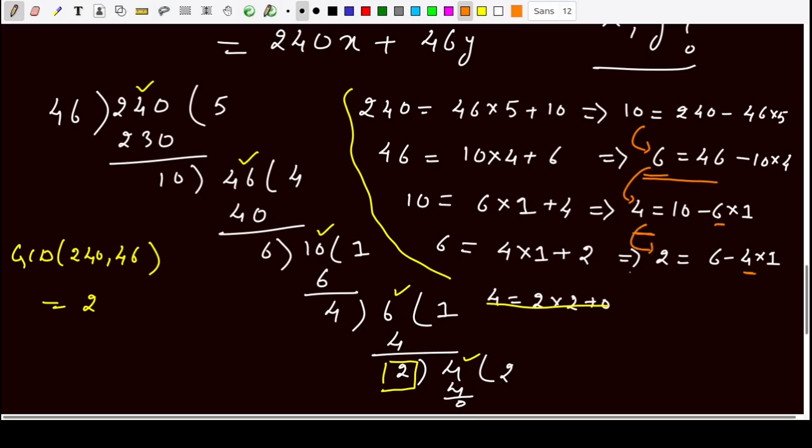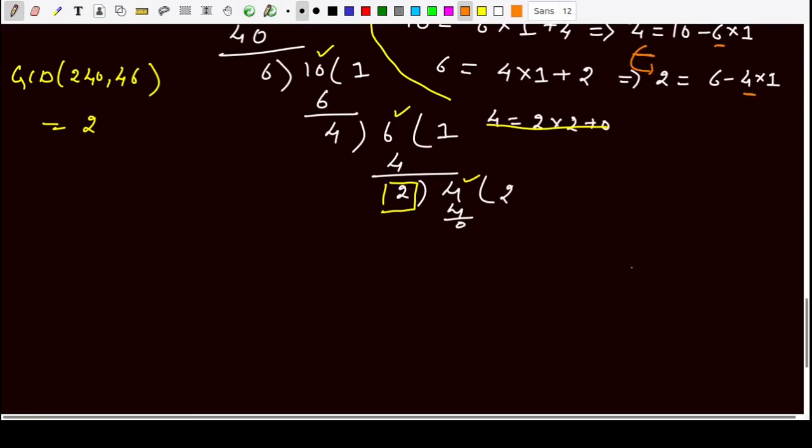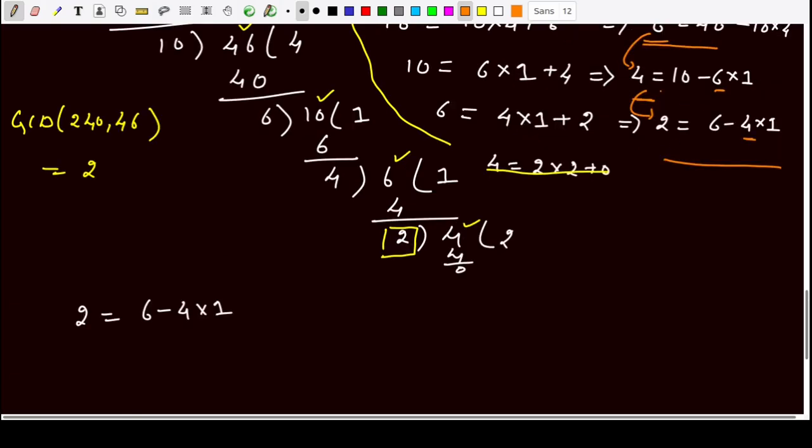So let me start with my equation, which is 2 equals 6 minus 4 into 1. I'm starting from the first equation. From the above equation we know that 4 equals 10 minus 6 times 1. So let us substitute the value of 4 in this equation.